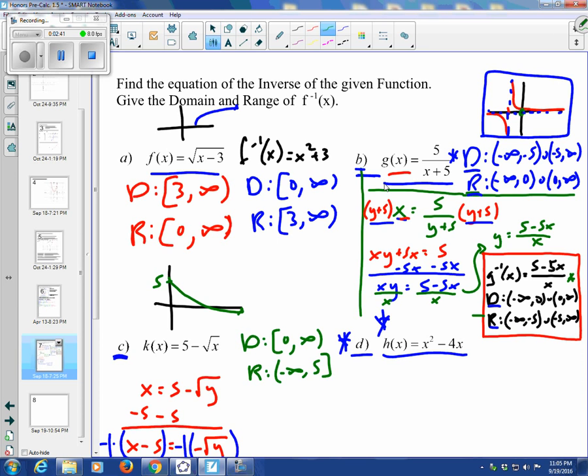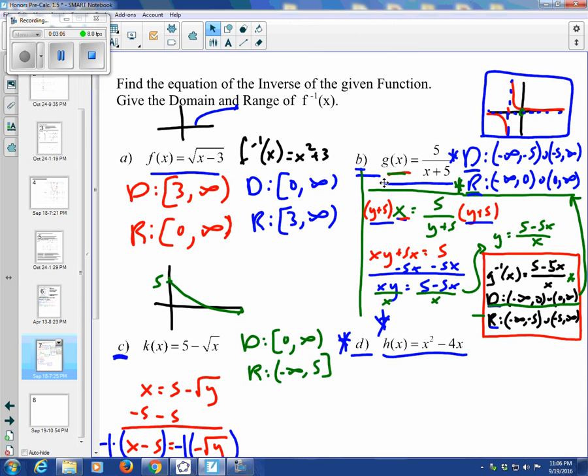And it's actually a way that we can solve for the range of an original function without looking at the graph. Right here, if I invert g, I can say that the domain of the inverse is going to be the range of the original function. So I can algebraically solve for the range in that way.